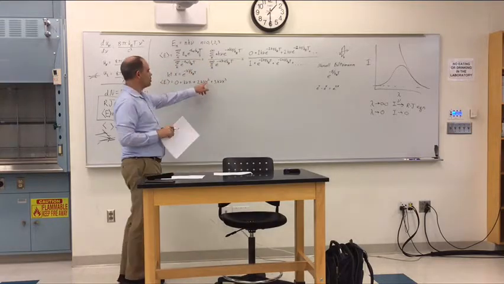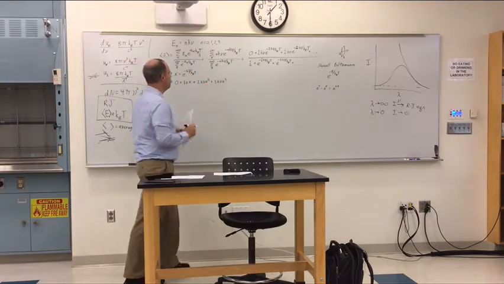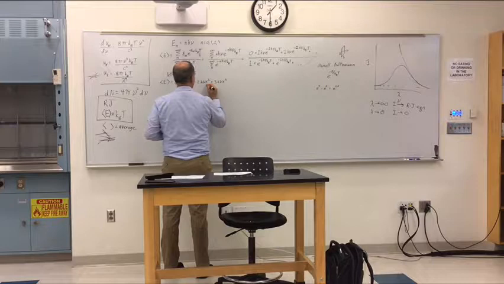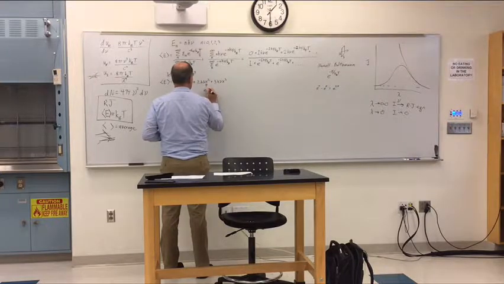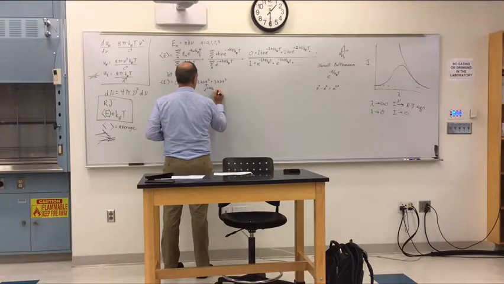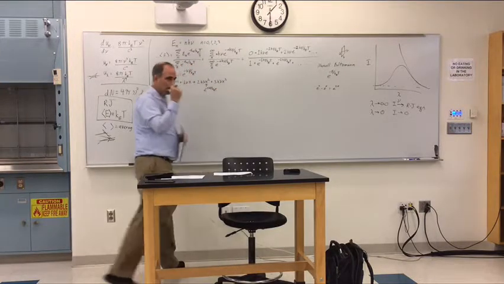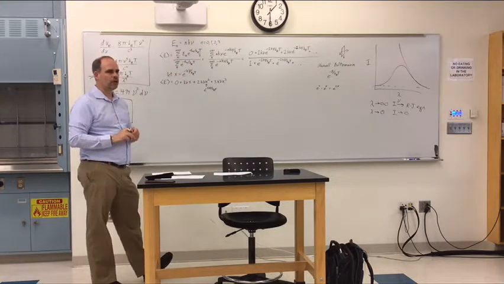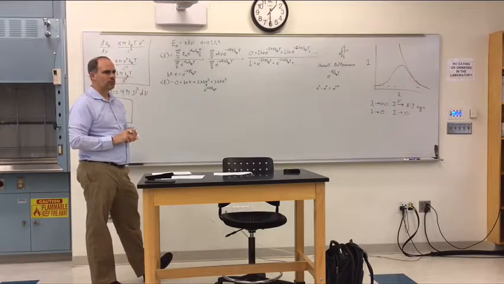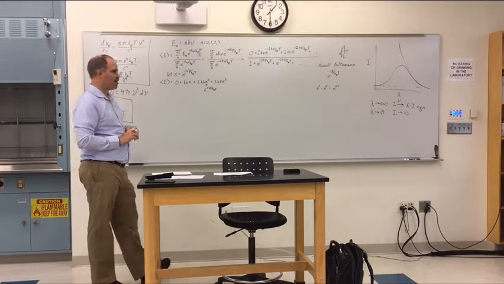So if we do this squaring, this right here is the same as e to the minus 2h nu over kBT. It's a mathematical trick. You okay with that? Yes, no? Okay.